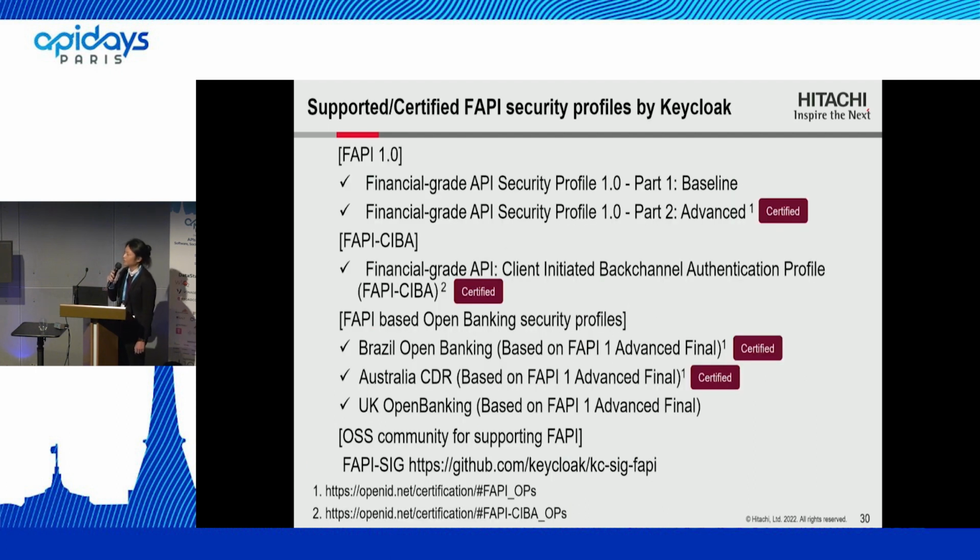And so I and the Keycloak community, called the FAPI scene members, and also other contributors implemented and contributed FAPI security profiles to Keycloak. As a result, the current Keycloak supports the following security profiles: FAPI 1.0 baseline, FAPI 1.0 advanced, FAPI CIBA, Brazil Open Banking, Australia CDR, UK Open Banking.